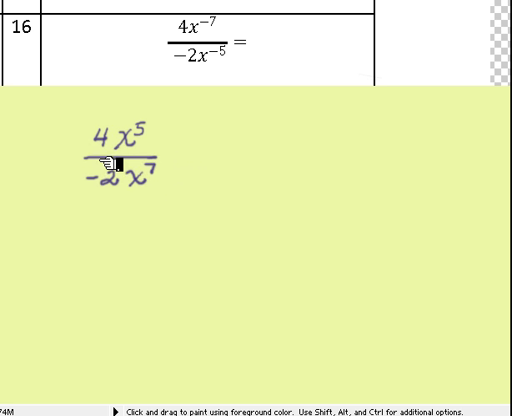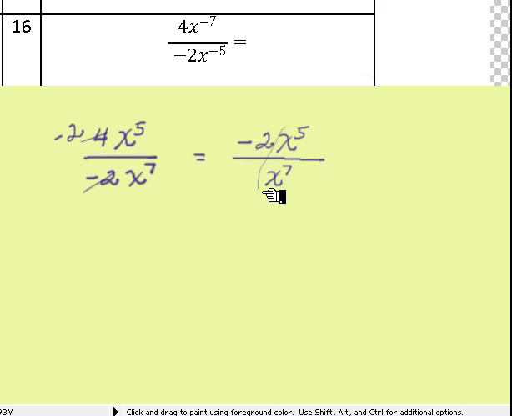And then we can also reduce 4 divided by minus 2 is negative 2. Okay, so we have negative 2. Let me just rewrite this, x to the 5th divided by x to the 7th.